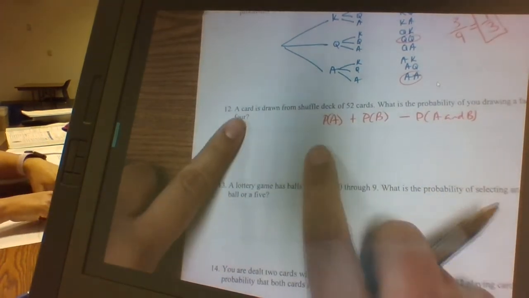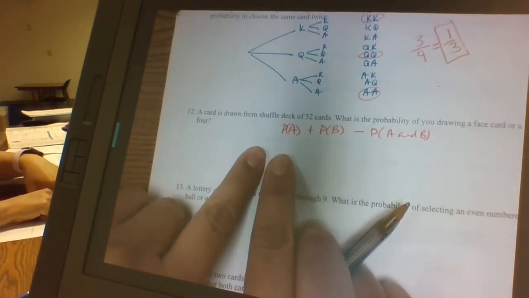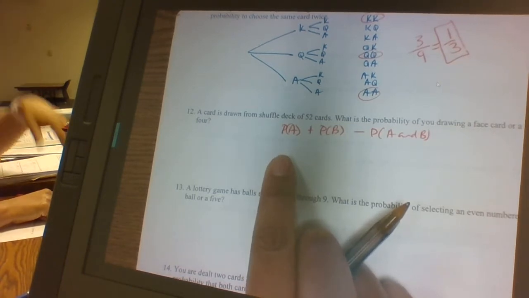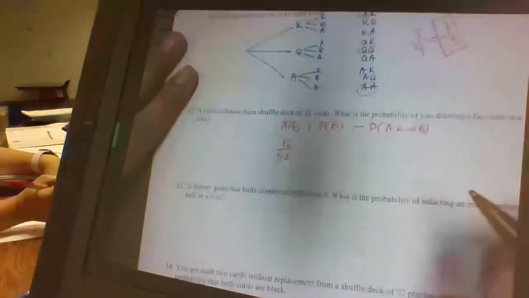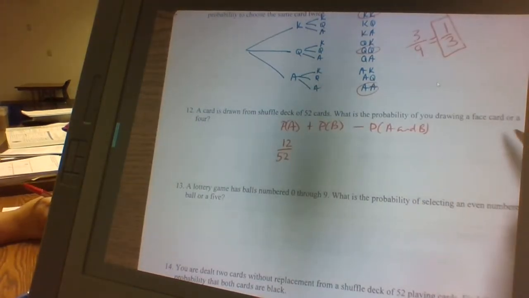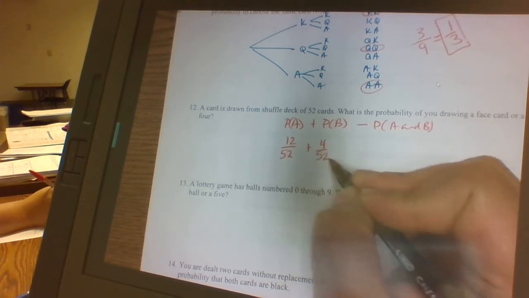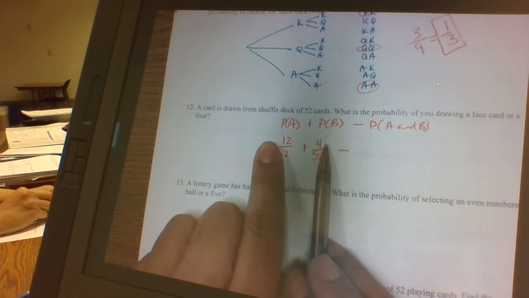So what is the probability of having a face card out of a deck of 52? Which ones are your face cards again? Jack, Queen, and King. It's 3 times 4, which is 12. 12 out of 52, right? And then how many are 4s? 4 out of 52, minus the probability that both of these, like, they're the same section.